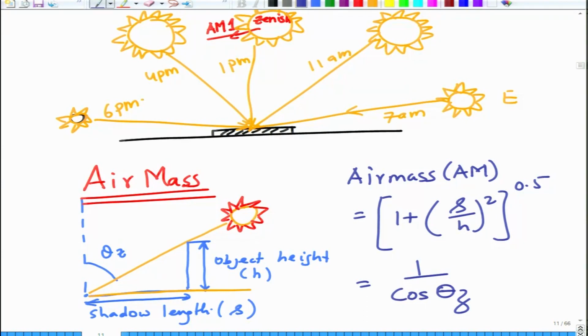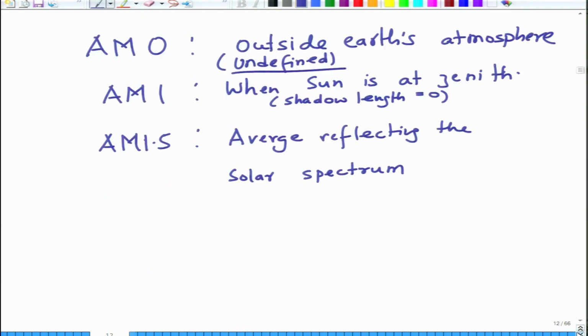So, basically the average value over the day, so of course it is going to change from 1 to higher values. The average value which reflects the overall spectrum of the sun turns out to be AM 1.5. So, this is the average value which reflects the solar spectrum over the course of day.